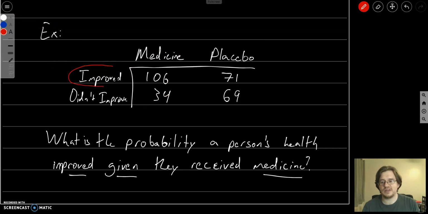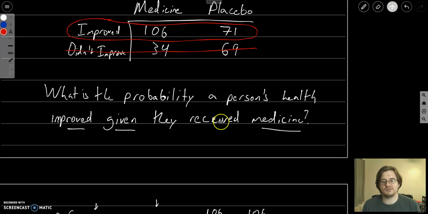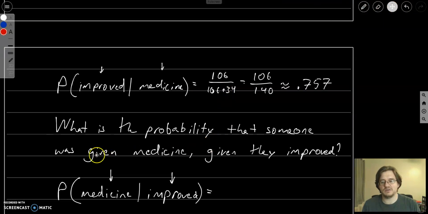This is information that we are told. So we are only concerned with these numbers, and in fact, these ones we can ignore for the moment. So here, we're told that someone improved, even though I've used the word given here. What's the probability that someone was given medicine given that they improved?